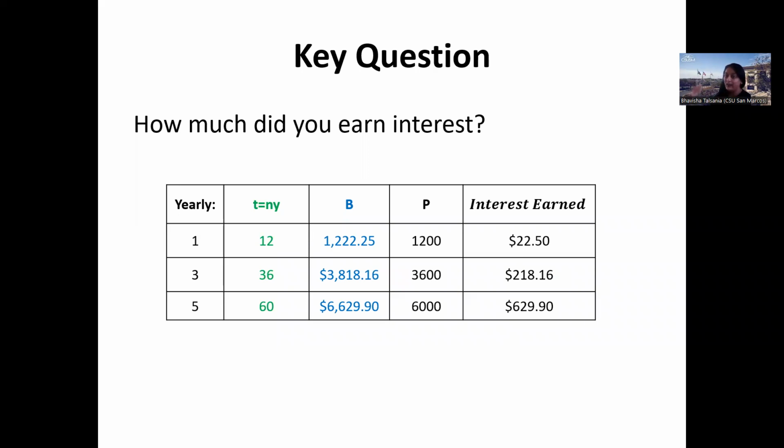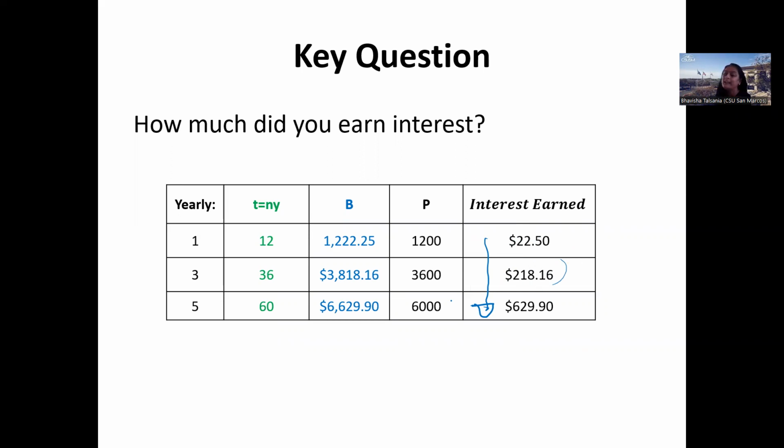So what I hope you can see is that as you go through, the longer you put your money into a compounding interest account, the more money you're going to accrue. And it's not like it's going to double or triple. I mean, it did more than that. 22 plus 22 plus 22, it's doing more than that. It's going exponentially.